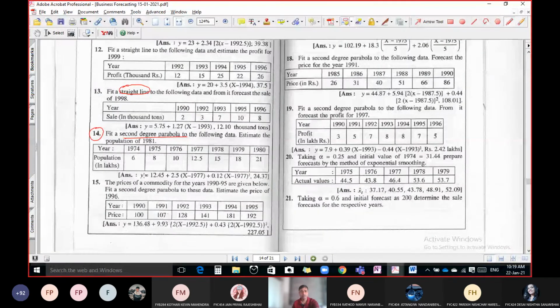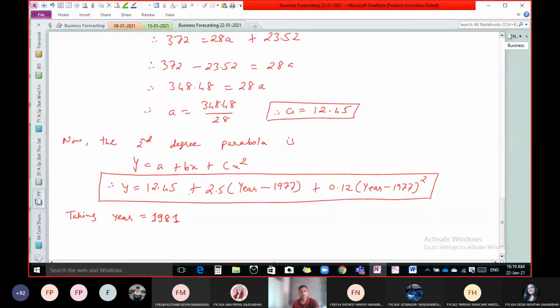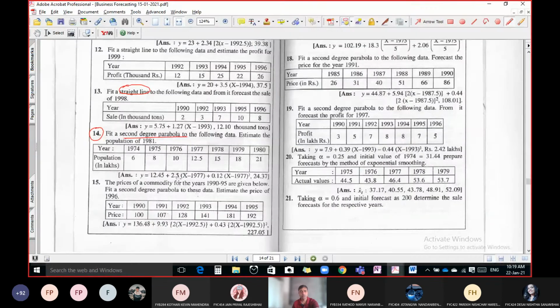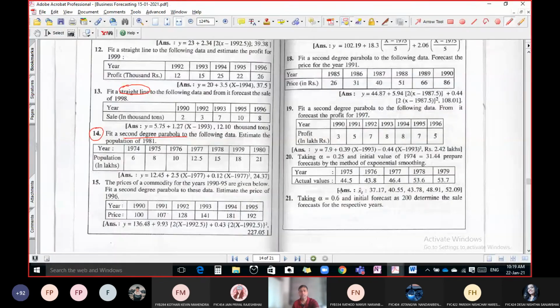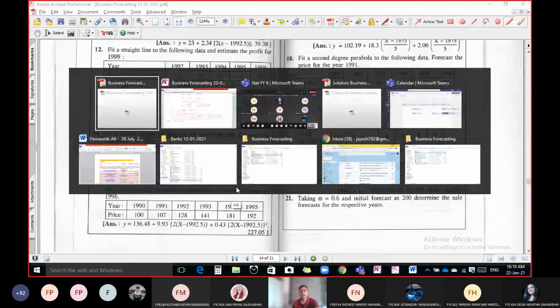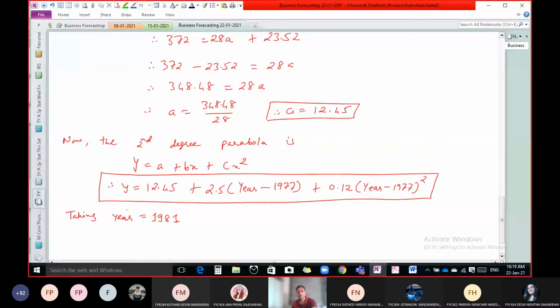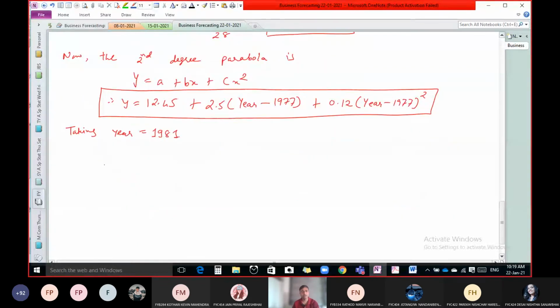See, the answer is y equal to 12.45 plus 2.5 year minus 1977. You know that x is nothing but year minus 1977. So it's better to write year minus 1977 instead of x, plus 0.12 in bracket year minus 1977 the whole square. Okay, now let us put year equal to 1981 and calculate the value of y.